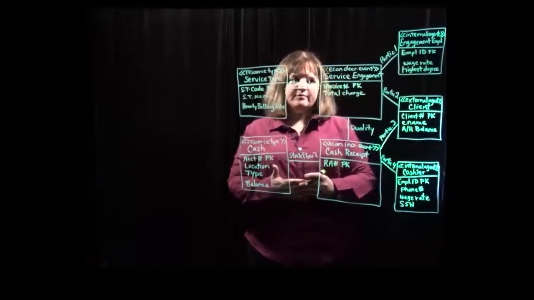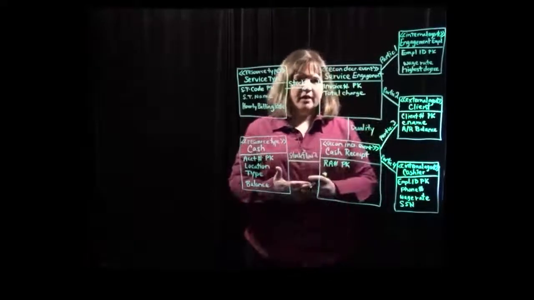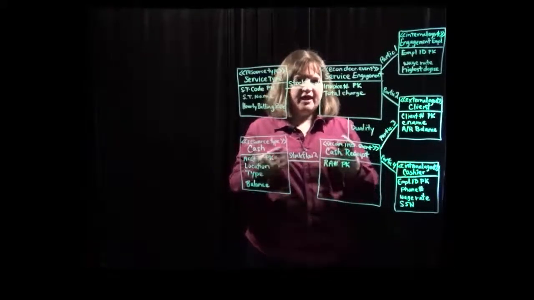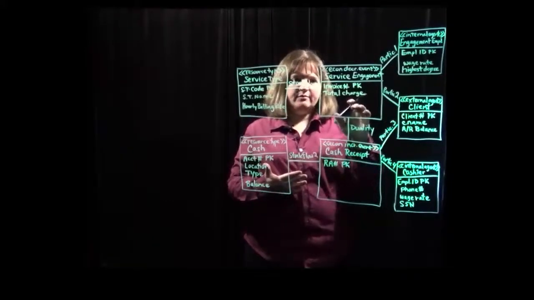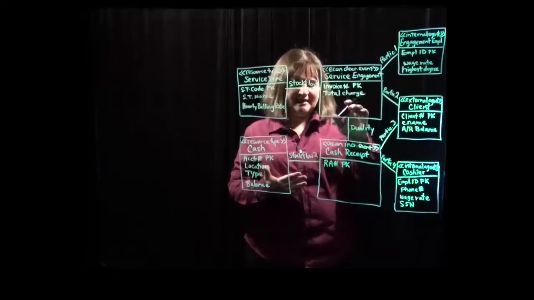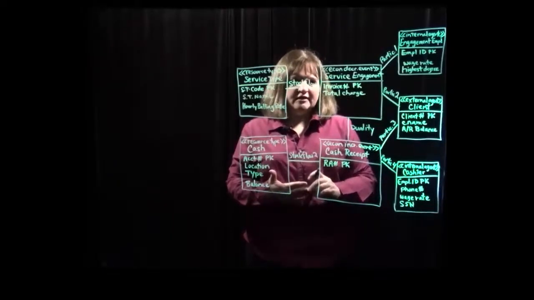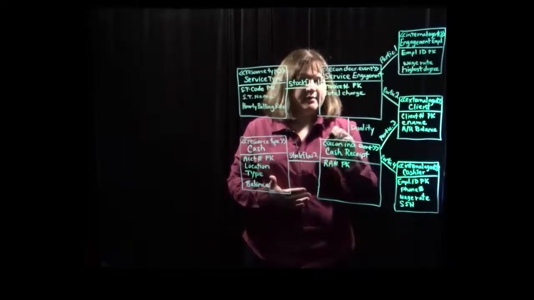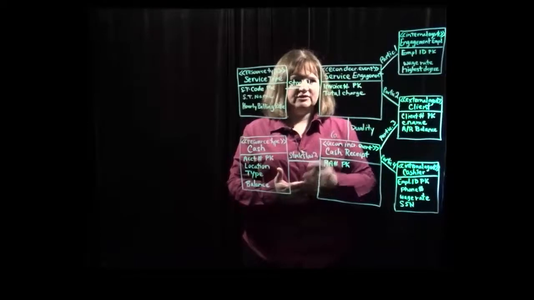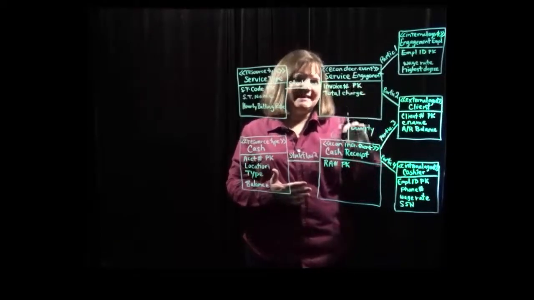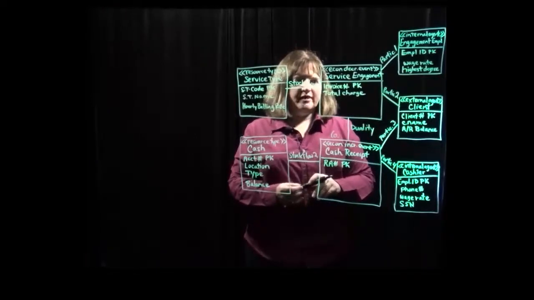And because the problem tells us that the customers are going to pay us on the 20th of the following month for any engagements that we've had for them this month, that means that we want to be able to put the information about the service engagement in as it happens, and then we won't have the related cash receipt until next month. So we need to make that a zero minimum multiplicity next to cash receipt so that a service engagement need not have an immediate cash receipt entered along with it.